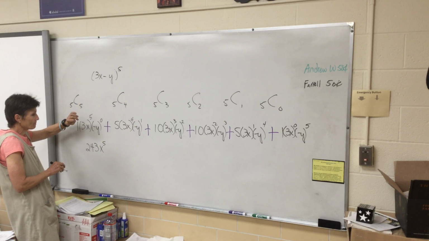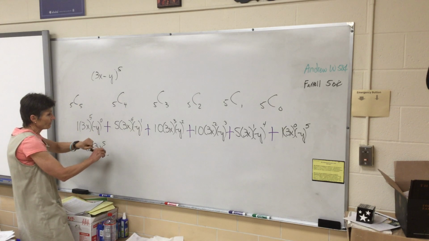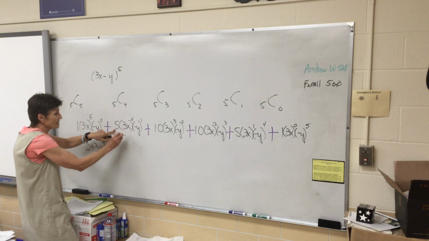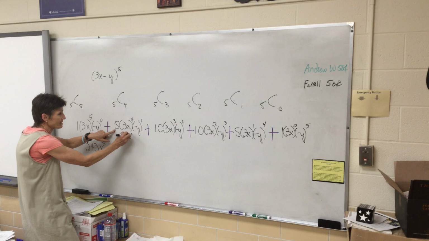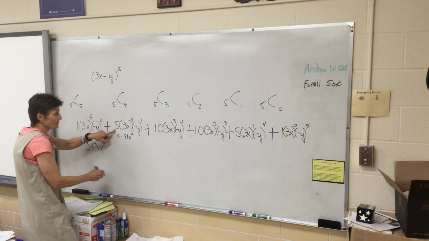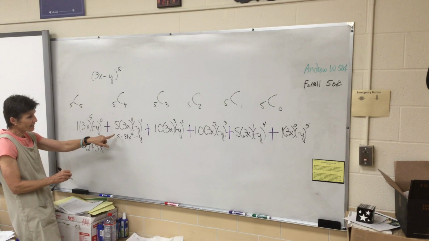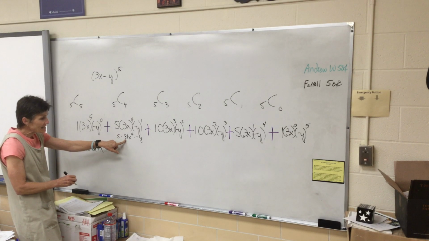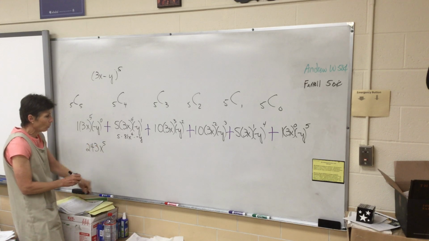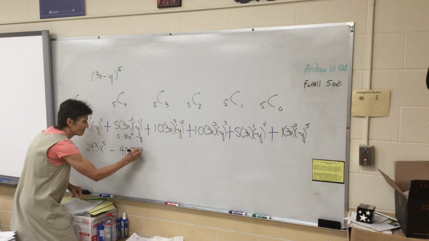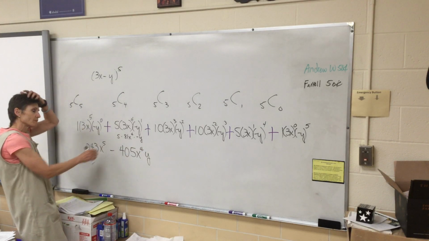X to the 5th. Now, here, I have to multiply a 5 times an 81 x to the 4th times a negative y. So you are multiplying a 5, an 81, and a negative 1. So that's going to be negative 405 x to the 4th y.